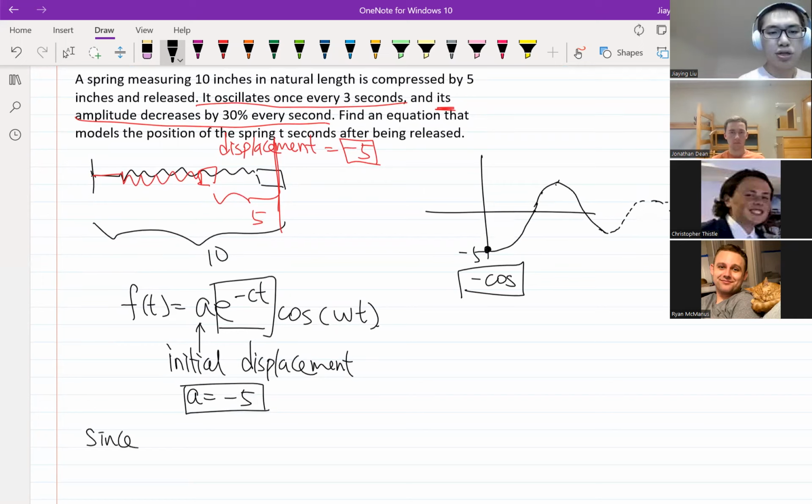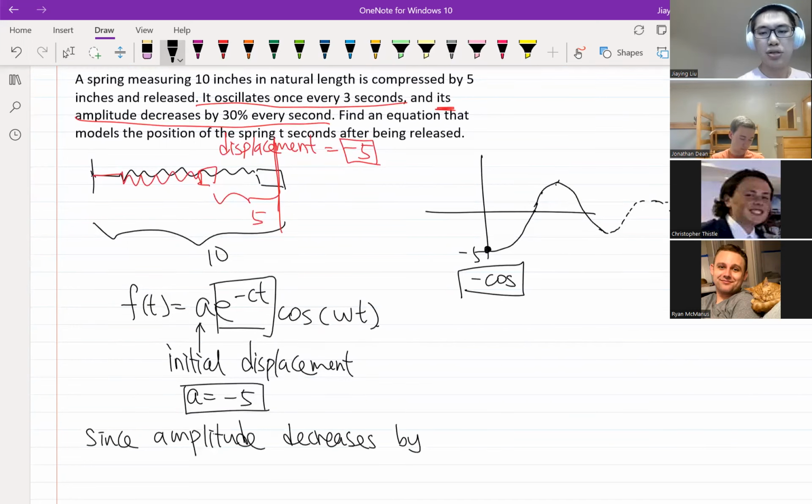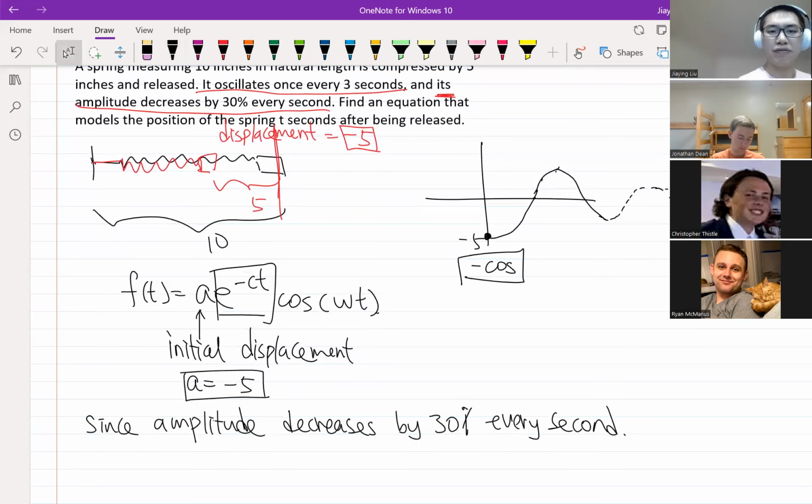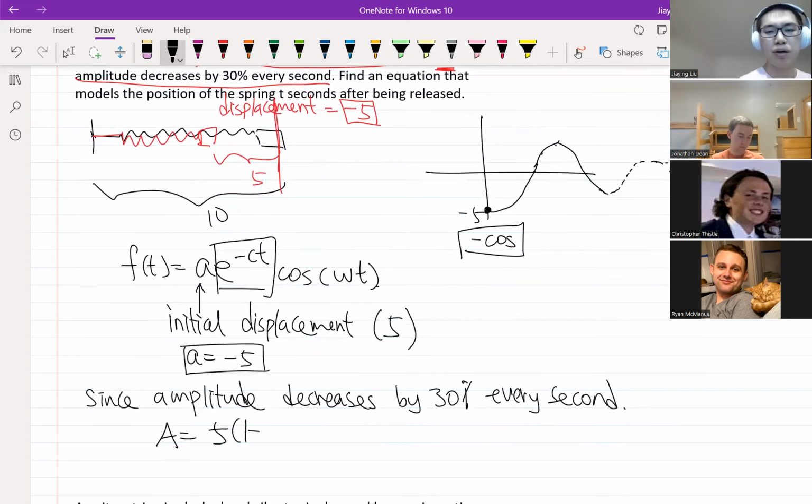So since the amplitude decreases by 30% every second, and we begin with an amplitude of 5, the initial displacement, we can think about the amplitude as 5 times 1 minus 0.3 to the t, where t is in seconds.